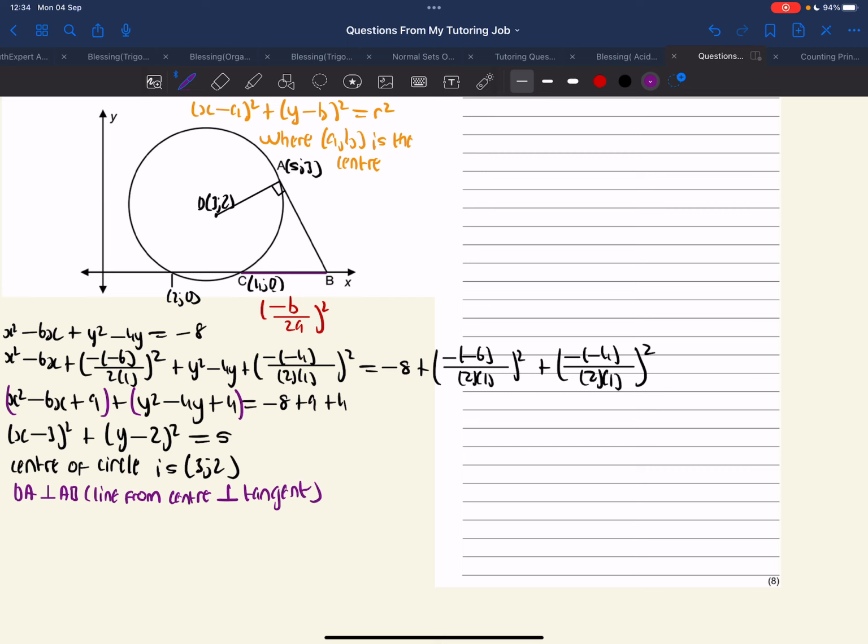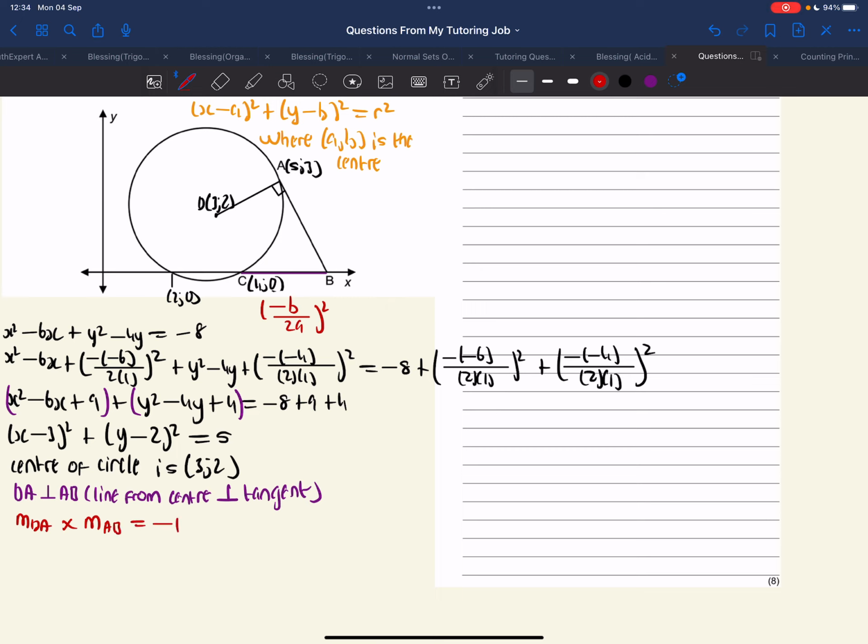Okay, now if those lines are perpendicular, it means that angle DAP is 90 degrees. Now according to theory, if lines are perpendicular, then if you find the gradient of DA and multiply it with the gradient of AB, it should give you minus 1.